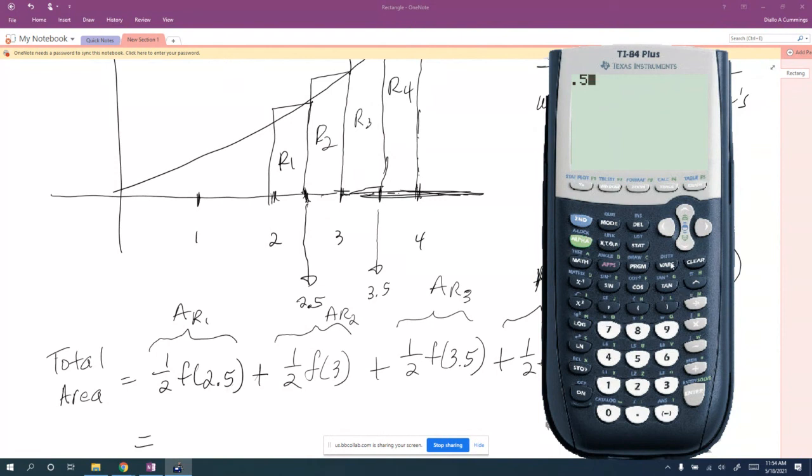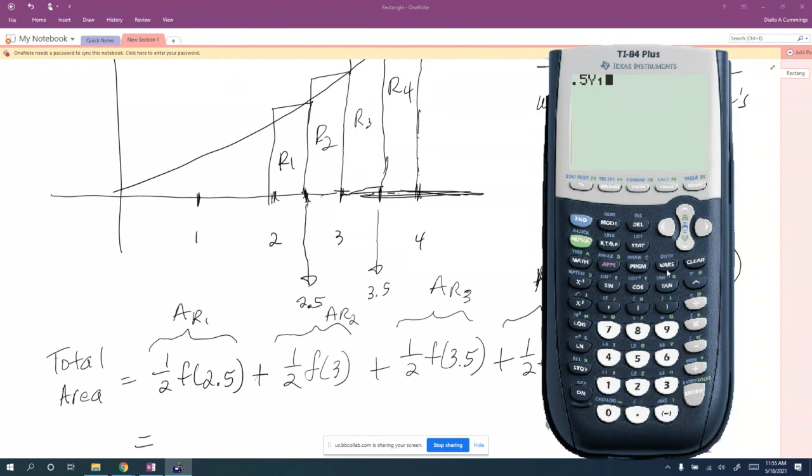So I'm going to recall our function by using variables. I'm going to scroll over to y variables. And under y variables, we want the function. Right, and the function we want is y sub 1. We've stored that as x squared. And we want to evaluate at 2.5.